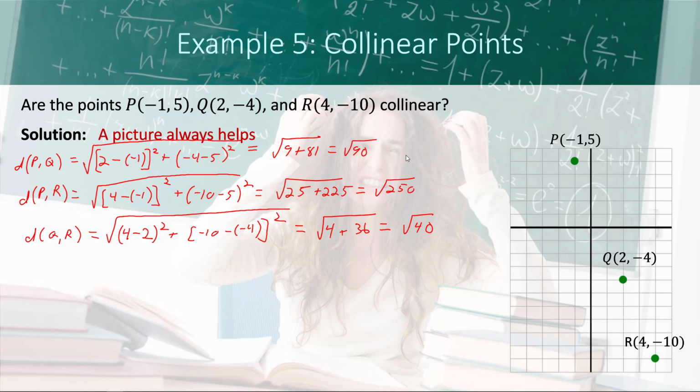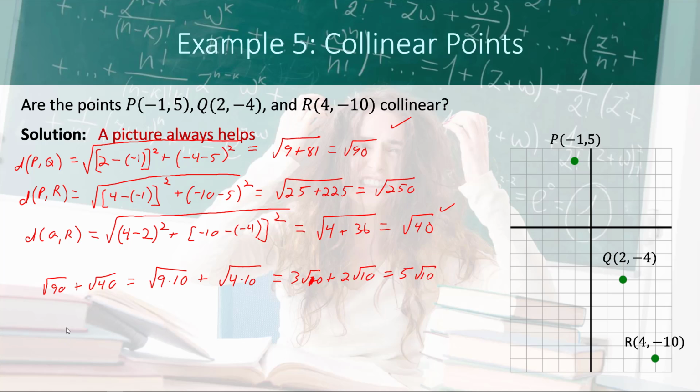So now we need to see if the two smaller distances, this one and this one, actually sum to the larger distance. So we are going to have the square root of 90 plus the square root of 40. Now we can take out a perfect square, because 90 can be written as 9 times 10 under the square root, and 40 can be written as 4 times 10 under the square root, and that will give us 3 root 10 plus 2 root 10, which will give me 5 root 10.